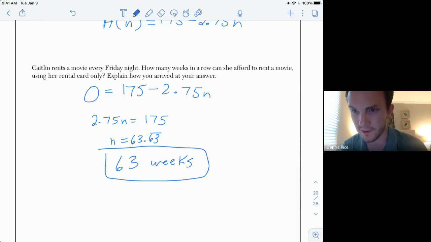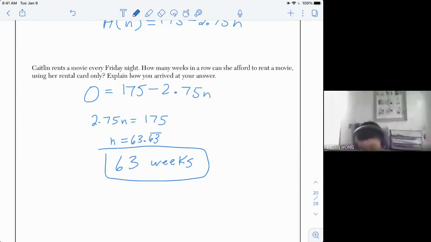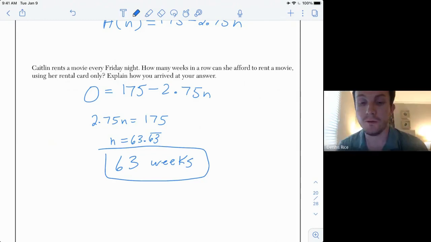Ethan, what's up, bud? So I have a question. Since it didn't say to solve it algebraically, if I did it through my calculator, how would I explain how I arrived? You could just explain what you did, like the tables. You could say, I used my calculator table and checked to see where it was positive or zero.